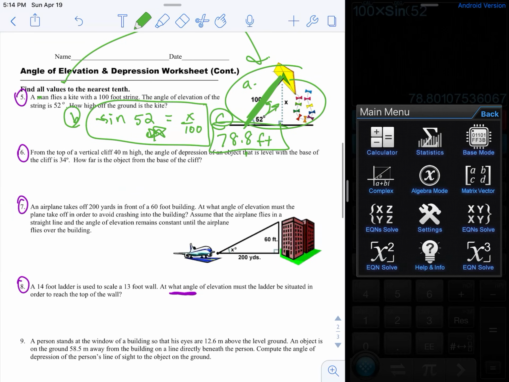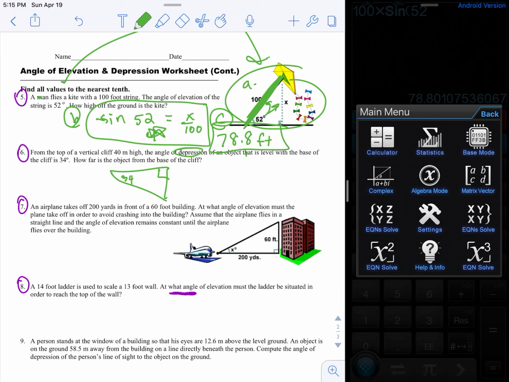The man on top of a vertical cliff, angle of depression. Sometimes these word problems are super confusing, so start with the keyword depression. The angle of an object that is level with the base of the cliff is 34 degrees.